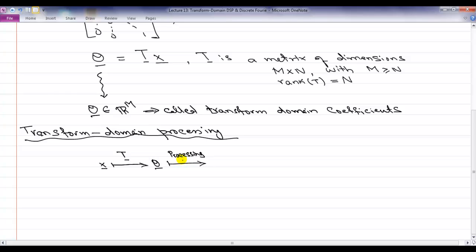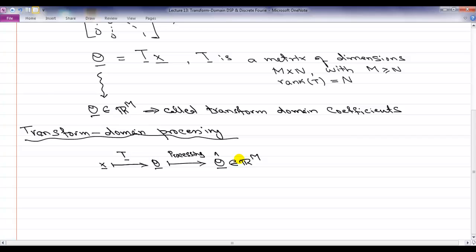And the processing will be a function of that. So you take these transform domain coefficients, you do some manipulation of those coefficients to get back another vector theta hat, which is still M-dimensional, but the coefficients in there are different from the ones you started with.